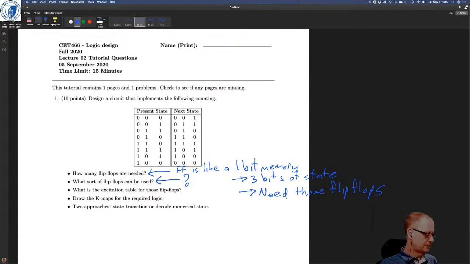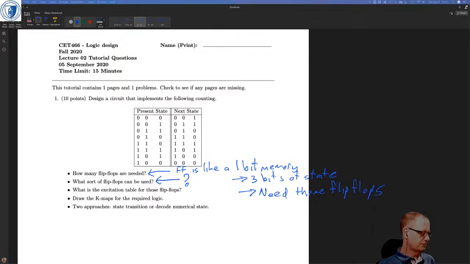I'll try with the bingo again. So I think that's Javier. Do you have a suggestion about what sort of flip-flops we could use? Given, remember, there's D, T, SR, and JK.